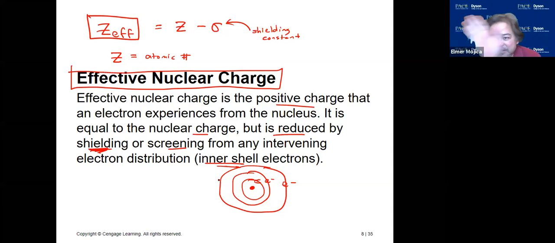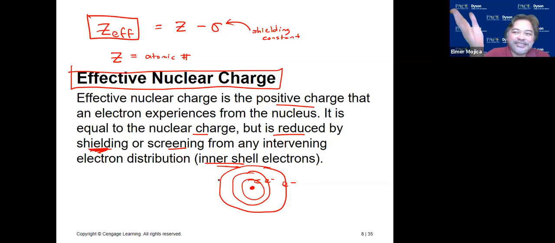So what happens? The people closer to the event shield your view from the event. Are you still interested to view the event? Because some of the people closer to the event are shielding your view. Okay, so that's what it means by the shielding constant.